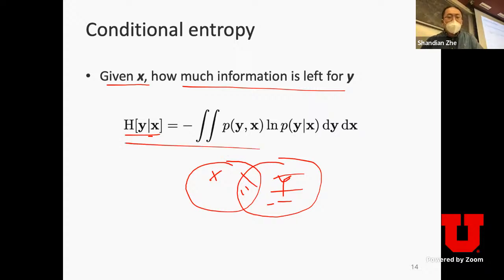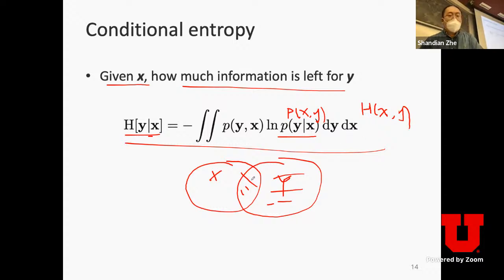So the definition is here. It is the same as the definition of entropy, except that in the logarithm we put the conditional probability density rather than the joint density. If you put the joint density here, you get the joint entropy of x and y.